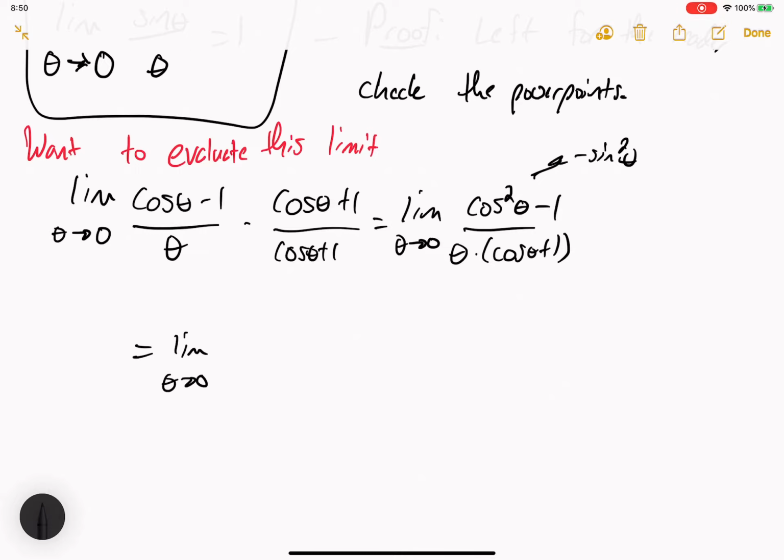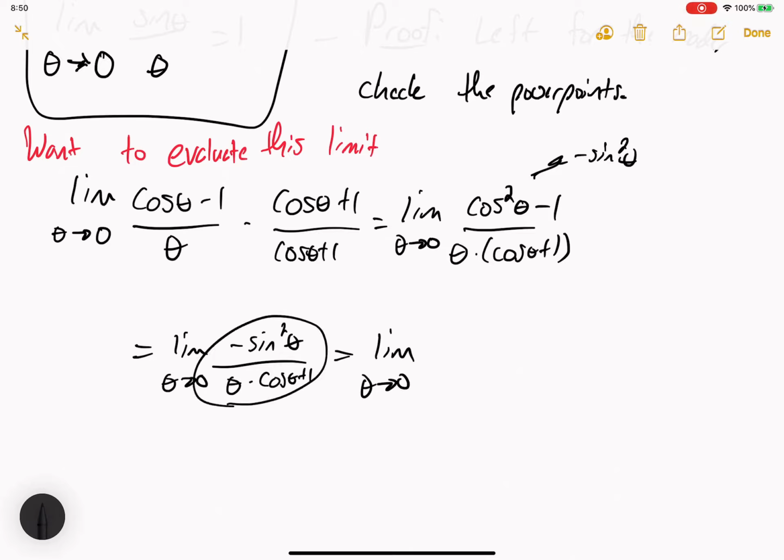We get negative sine squared of theta divided by theta times cosine of theta plus 1, and that'll be equal to the limit as theta goes to 0. Now I'm going to put some pieces together and pull some pieces apart.